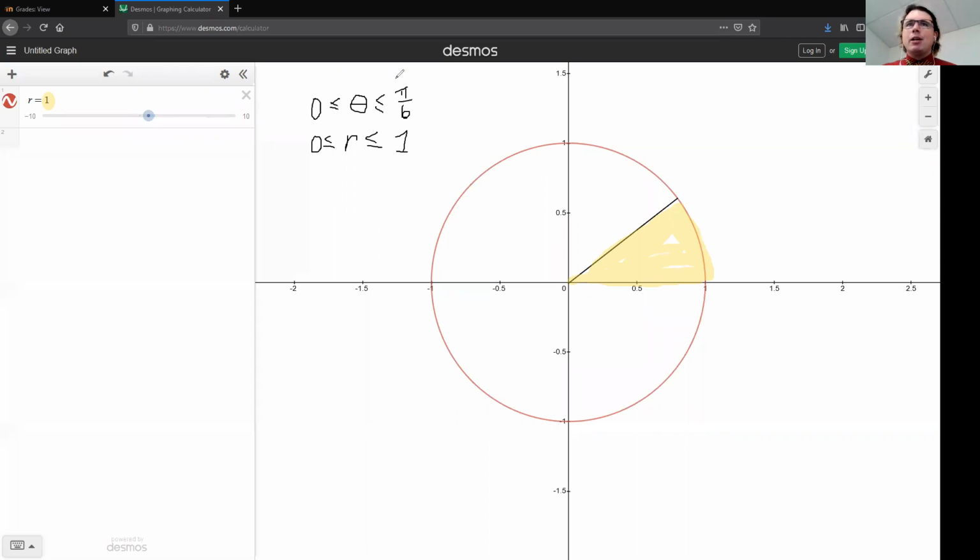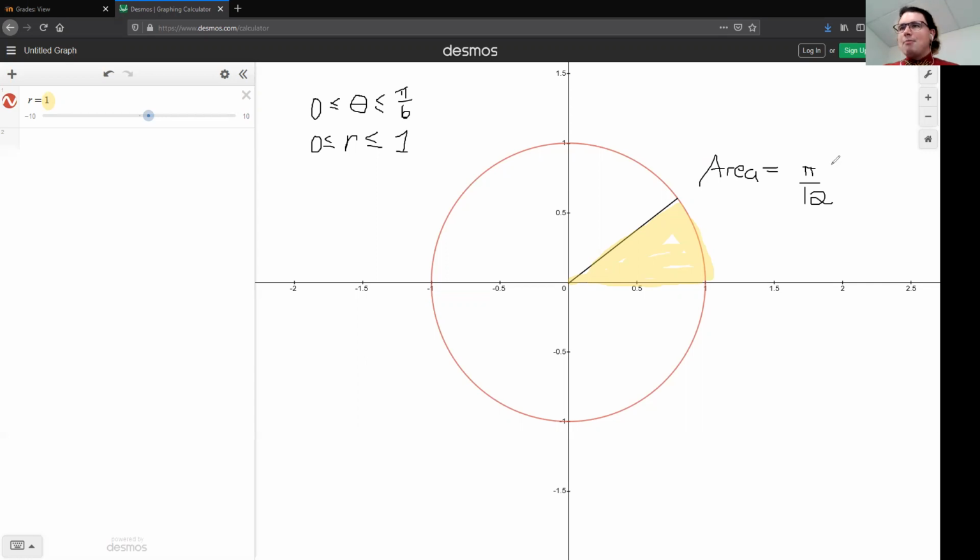So I know that my area in this example, well, the area of the full circle is pi r squared, but my r is 1, and I need to divide by 12. So this should be pi twelfths of a unit of area.